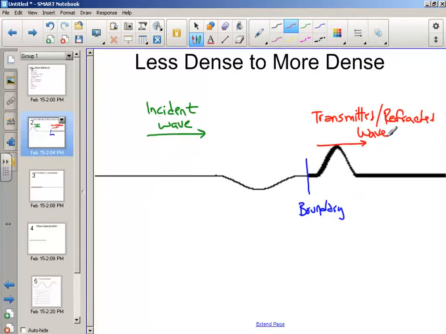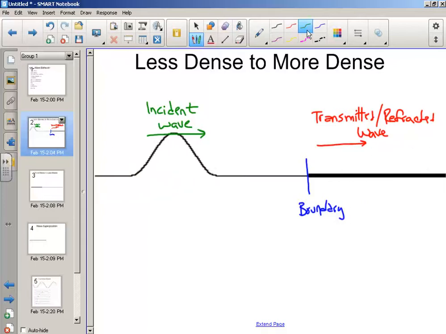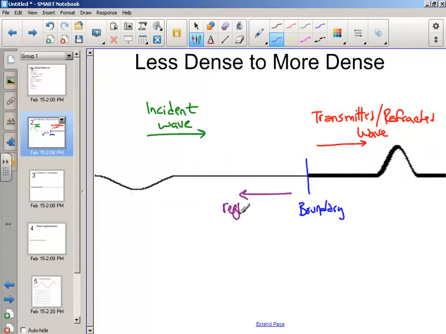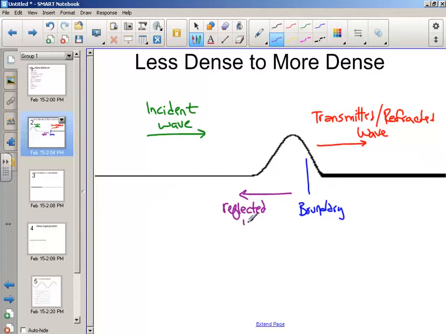So the incident wave rolls in, hits the boundary, some of the wave goes through and some of it bounces back. This bounce back we call the reflected wave. All of these different waves have a specific name. There are three of them: incident wave, transmitted wave, and reflected wave, depending upon where they came from and where they're going.